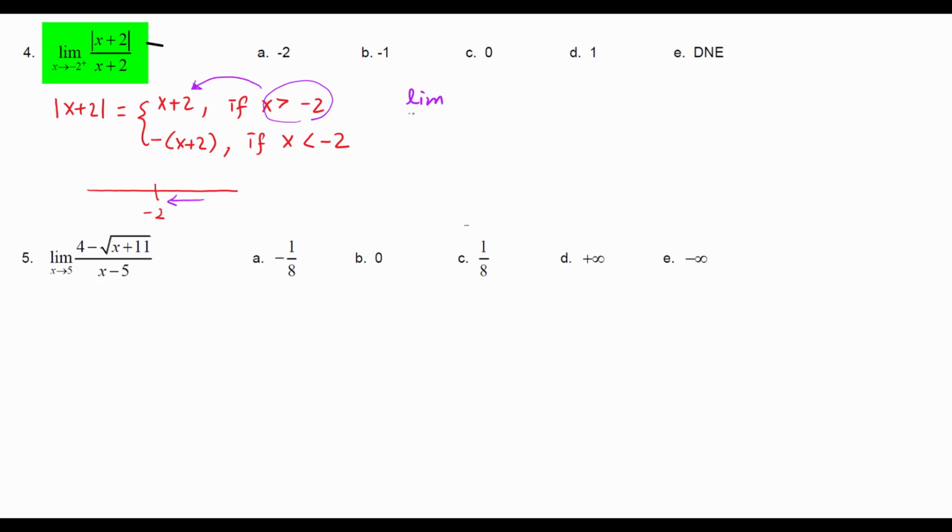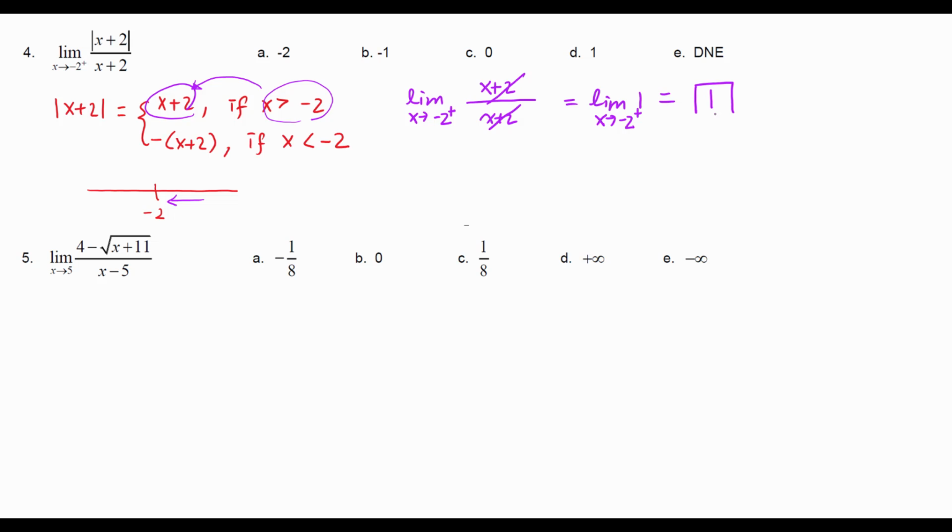So limit as x approaches -2 from the right of absolute value of x plus 2. We said we're going to use x plus 2 over x plus 2, which is 1. So this is limit as x approaches -2 from the right is 1. And limit of a constant is a constant. So this limit will be positive 1.